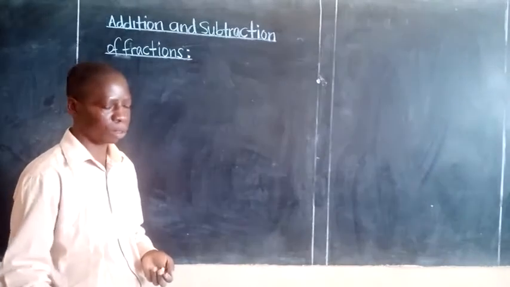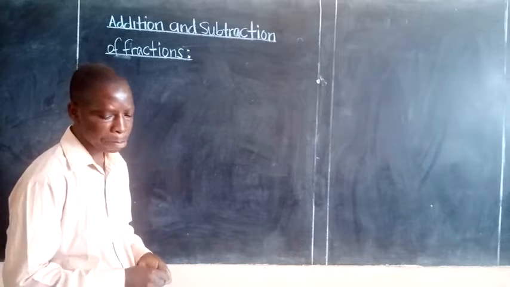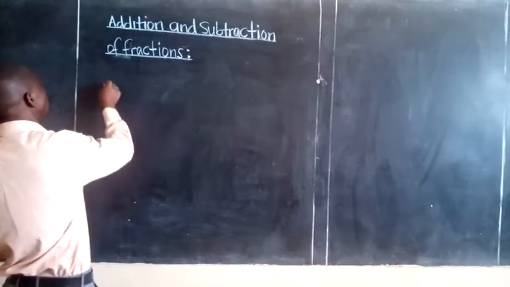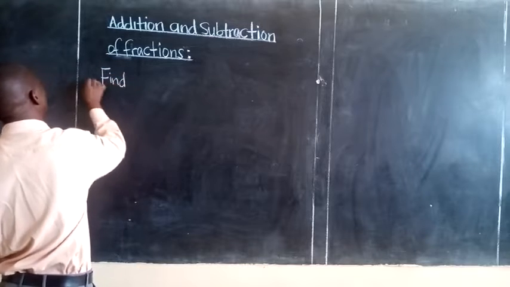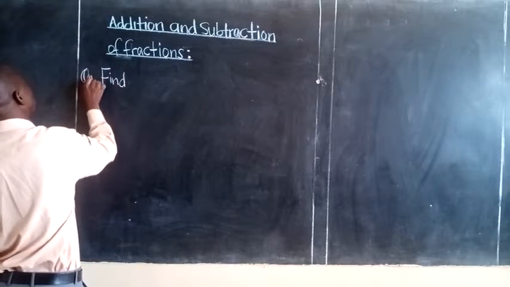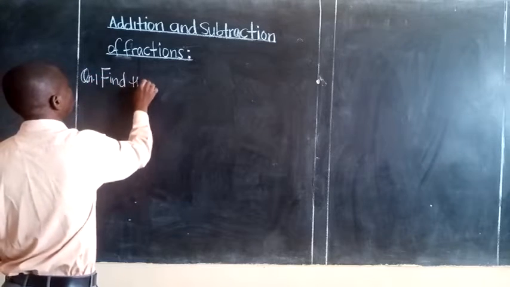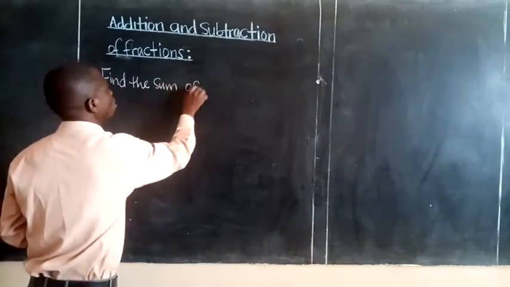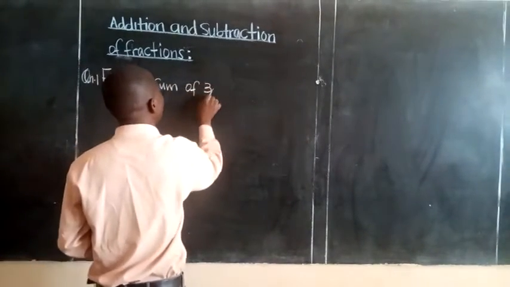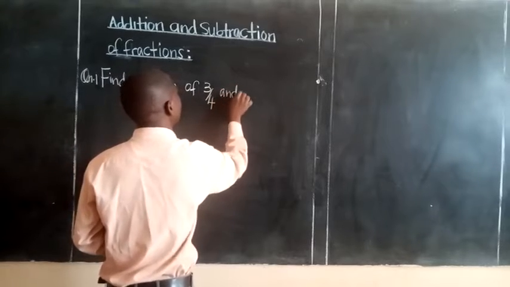Let's have an example. This is one. Find the sum of 3 quarters and a quarter.